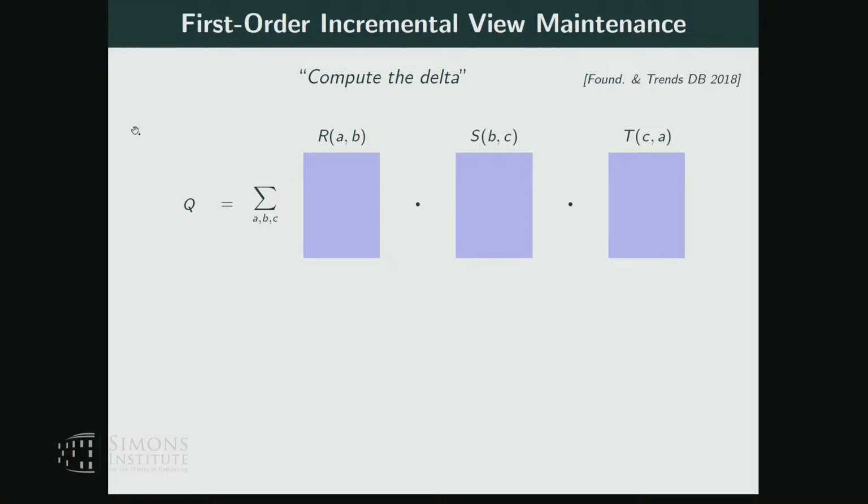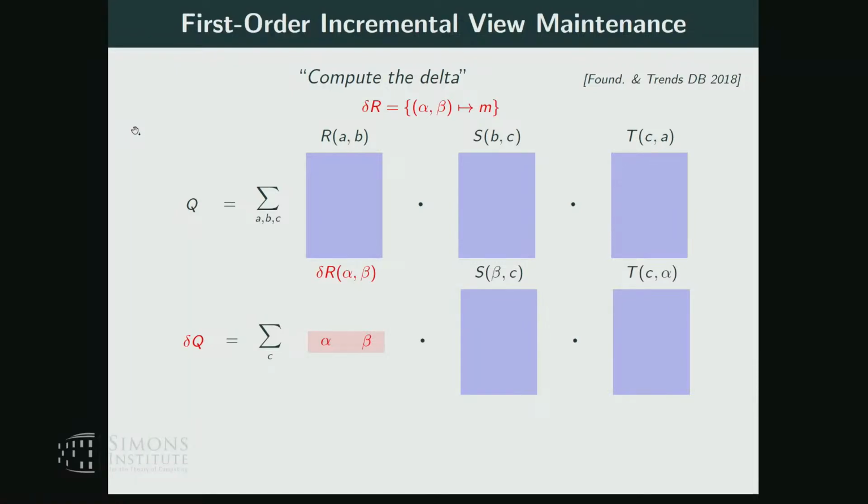Instead of appending delta R to R and recomputing from scratch, we just compute the join of delta R with S and T. Because delta R is a single tuple update with specific alpha and beta values, we only look at the part of S that has beta for the first column, and alpha for the second column in T. Then we only need to sum up over C. This is arguably a simpler query than the original.